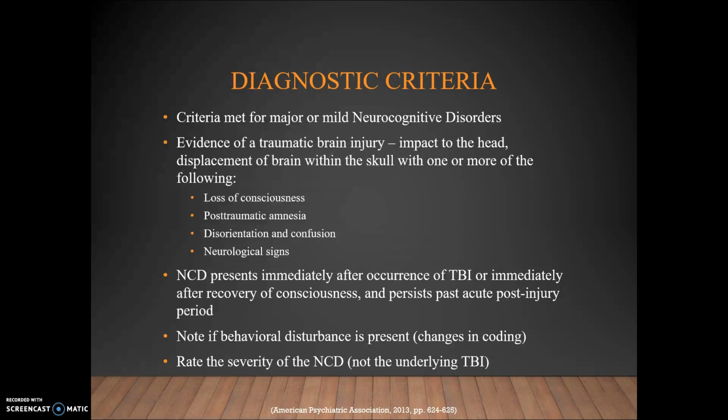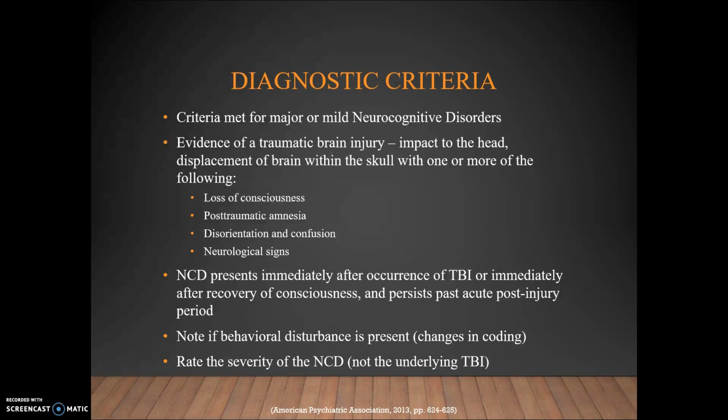Frontotemporal lobar degeneration, Lewy body disease, vascular disease, traumatic brain injury, substance or medication use, HIV infection, prion disease, Parkinson's disease, Huntington's disease, another medical condition, multiple etiologies, or whether it's an unspecified neurocognitive disorder. You are also supposed to specify whether or not the neurocognitive disorder includes a behavioral disturbance.